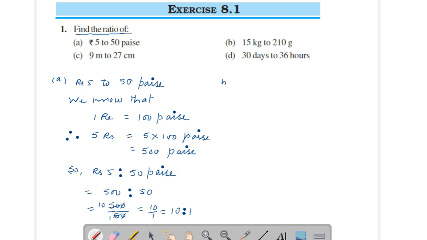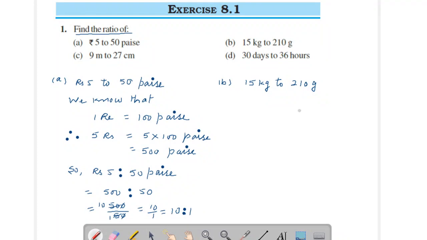Now come to B part. It is 15 kg to 210 gram. Here again both the units are not the same.